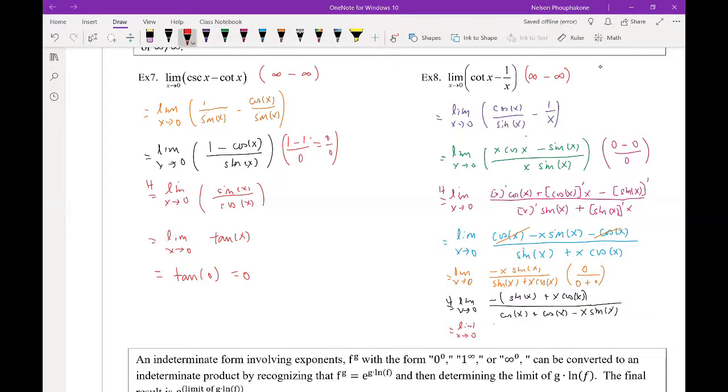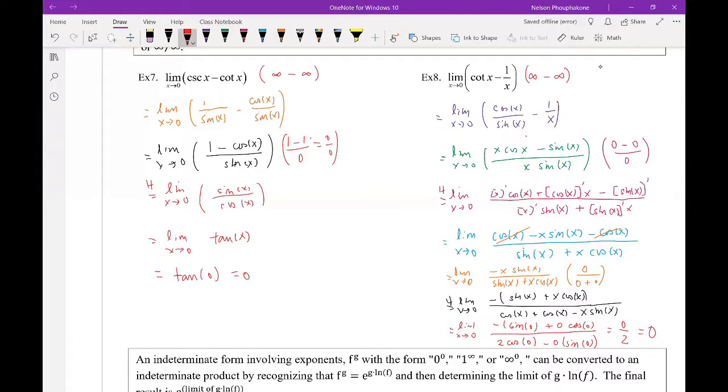So I will have negative psi of 0 plus 0 times cosine of 0 all over 2 times cosine of 0 minus 0 times psi of 0. Then in this case, I have 0 over 2, which is equal to 0 then.